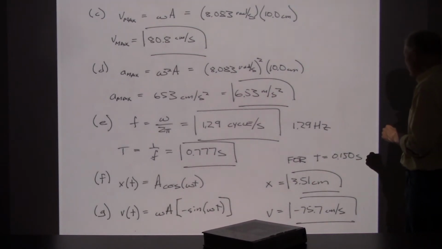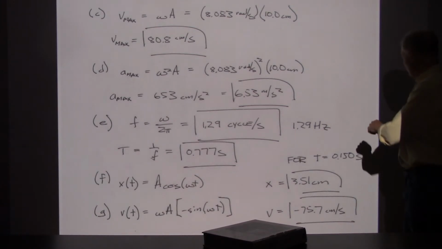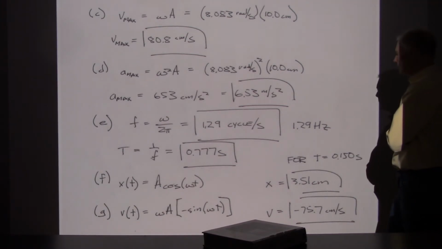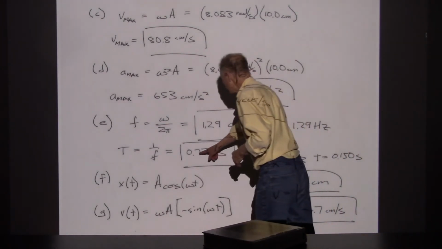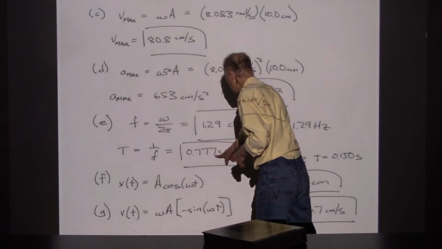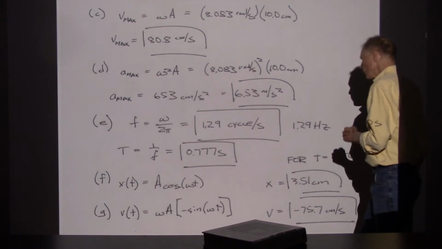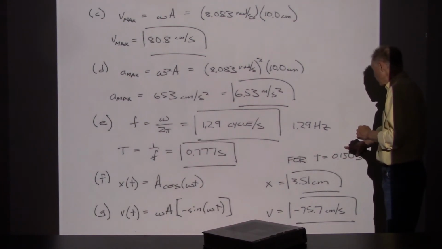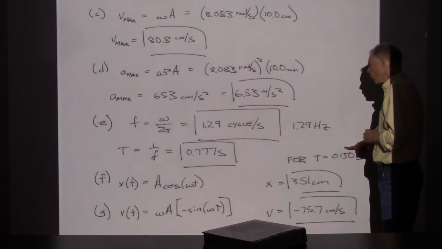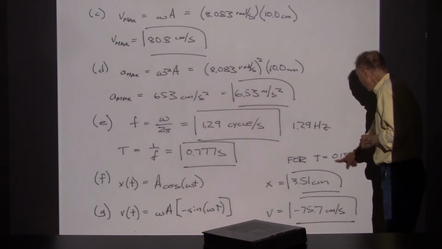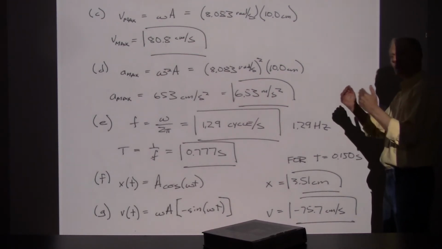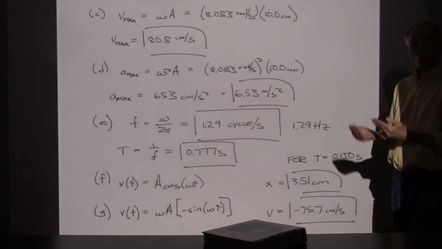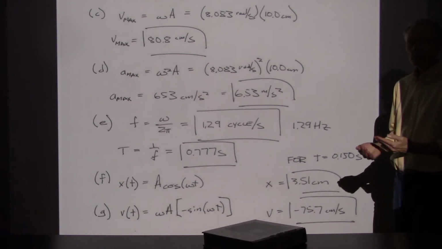Let's see if we can make sense of that. See if those numbers seem reasonable. What was the period again? So the period is 0.777, and the time we're looking at is 0.15. So 0.15 would still be in the first quarter of the cycle.